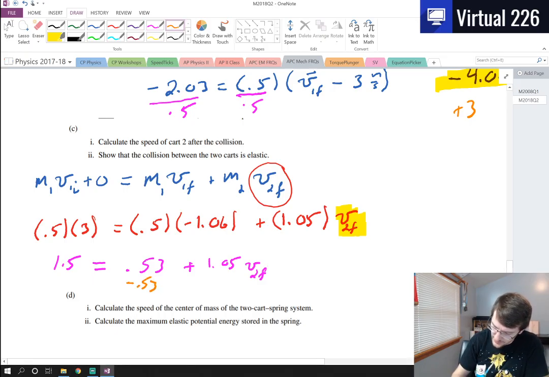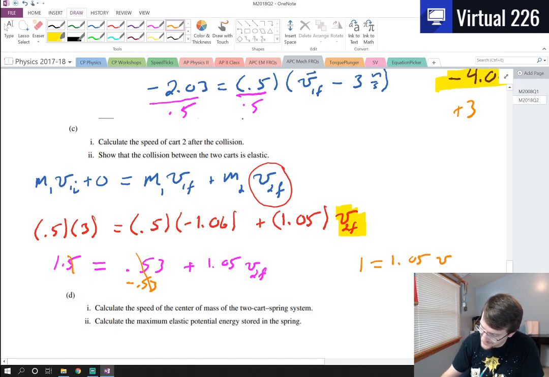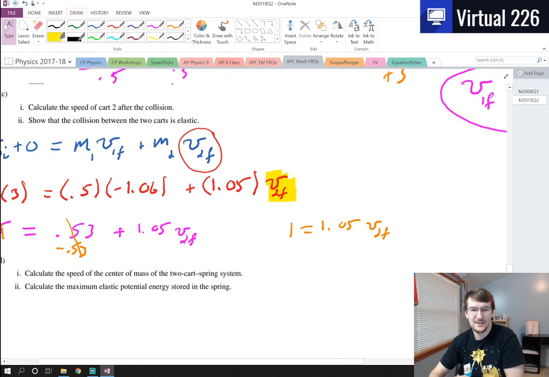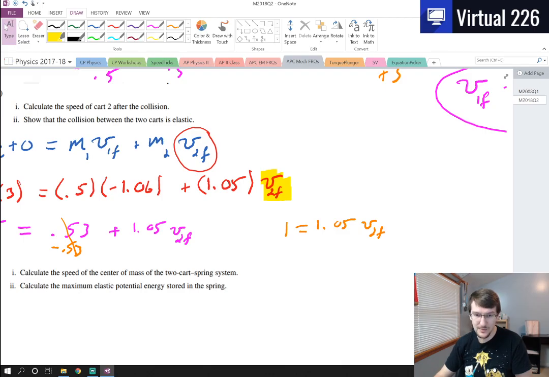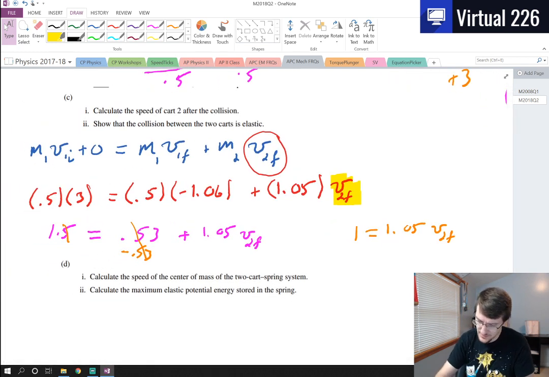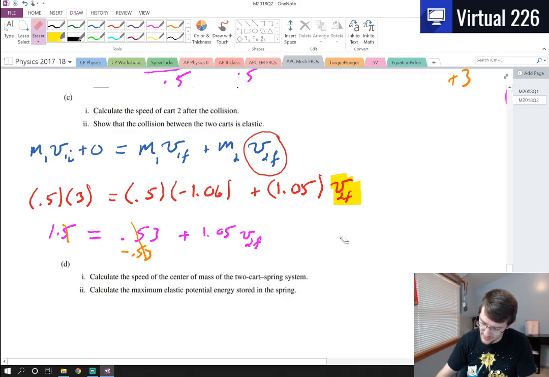Subtract the 0.53 from each side, so we'll just get rid of that. So we've got about 1 equaling 1.05 V2F, and this is just kind of sloppy, but I'm just running through it. Did I do that right? Oh, no, I didn't. I messed something up. I was like, that's only going to give us something under 1. That doesn't make any sense.